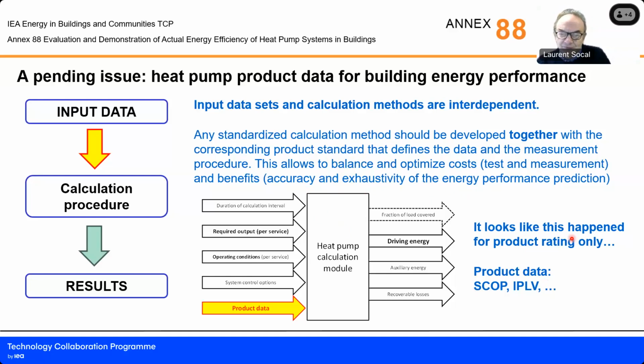And this is something which is ongoing work. Until now, most of the effort has been to characterize product rating, and with such information like SCOP or IPLV, for example, for the States, which is quite a different story.